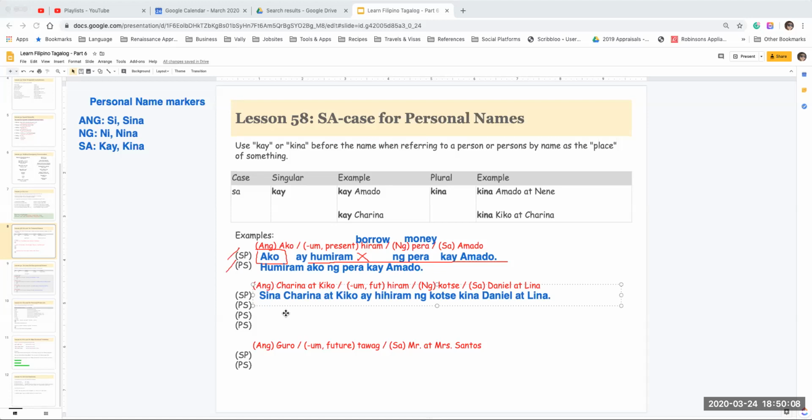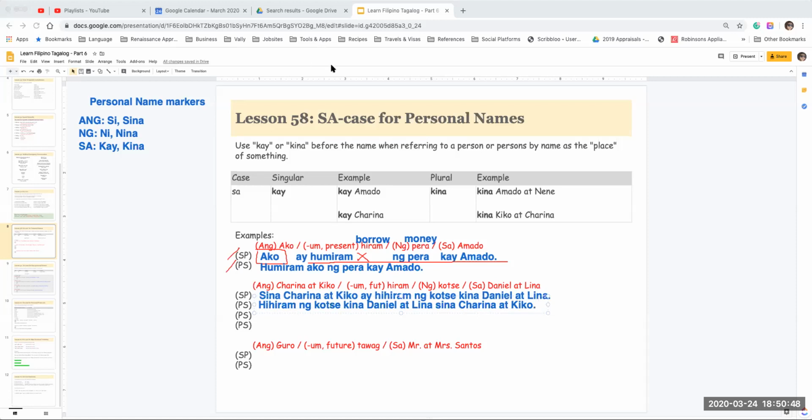What is the whole predicate? Ihihiram ng kotse kina Daniel at Lina, and then your focus, your actor, sina Charina at Kiko. There you go.